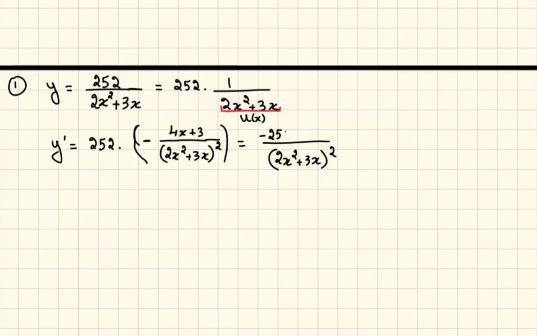So you can write this, and then simplify more if you want by distributing. This minus is for the whole fraction, it's not for the 4. That's why I wrote minus 252 and I multiplied with the whole numerator.